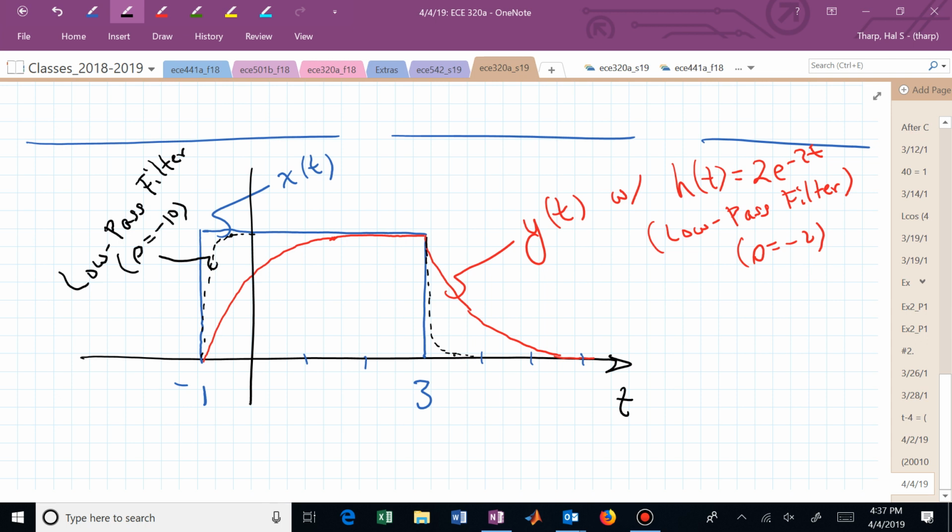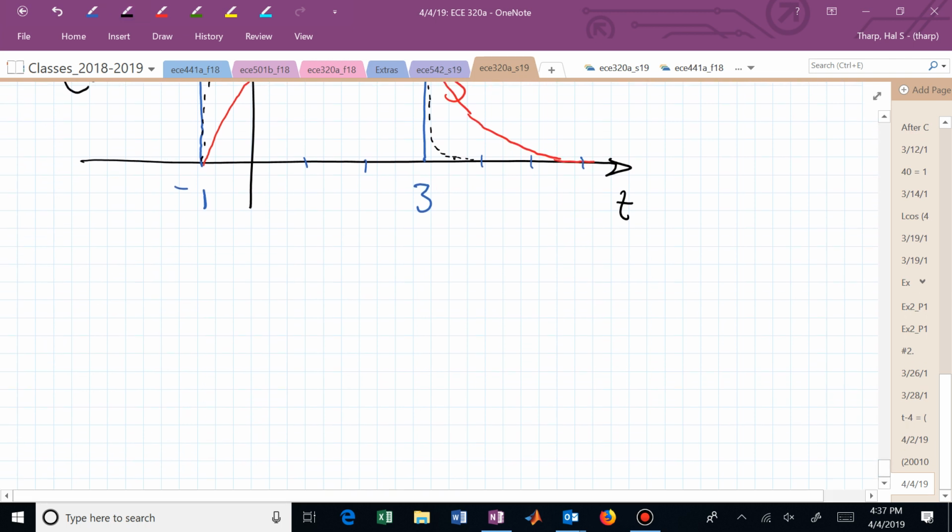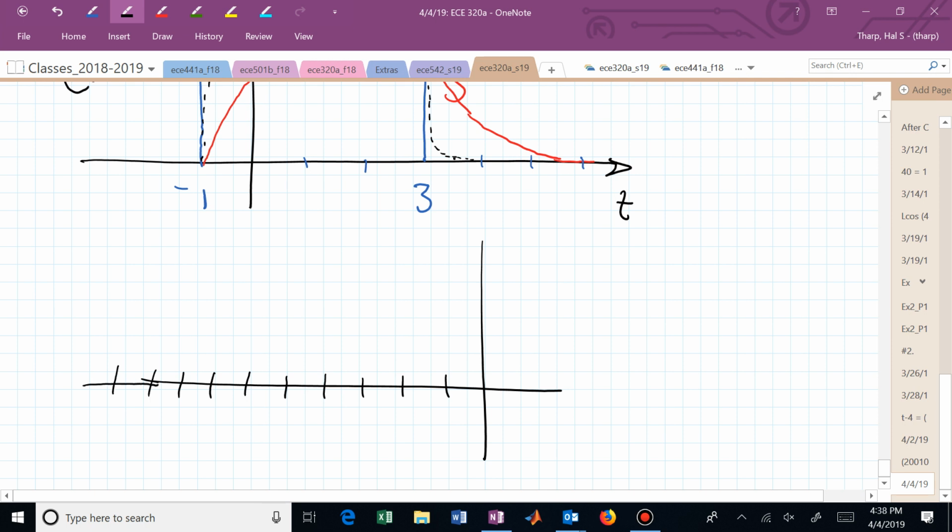Everybody getting this? If we now needed to sketch some of this stuff, you've already said that the time constant in the low-pass filter was 1/2. We had a pole at -2. So if you now wanted to plot these, wow, you can do better.